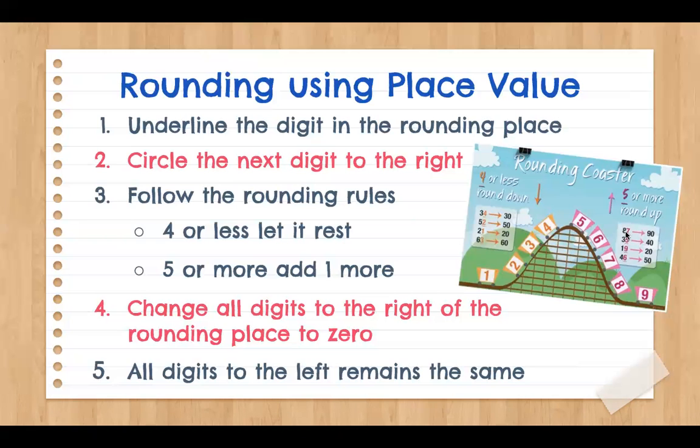So we have here 87. 7 is 5 or more. So we add 1 more to the 8, which means that it rounds to 90. 35, because the 5 is 5 or more, we round this number 3 up. So it becomes 40.